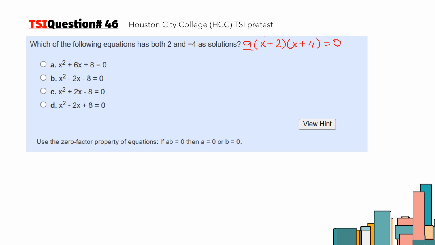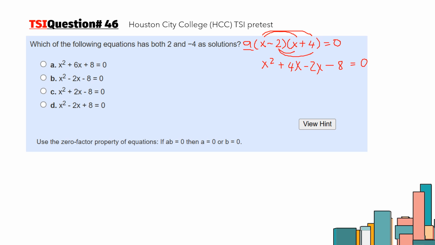So we will have x times x is x squared, x times 4 is 4x, negative 2 times x is minus 2x, negative 2 times 4 is negative 8, that equals 0.